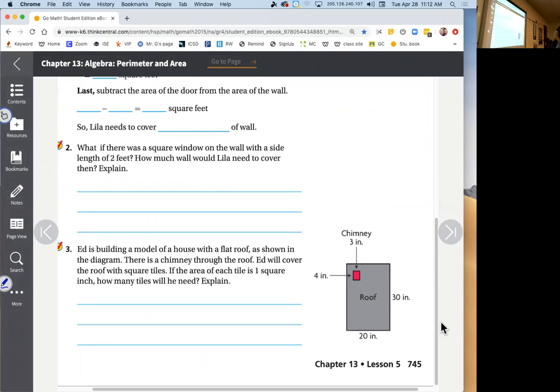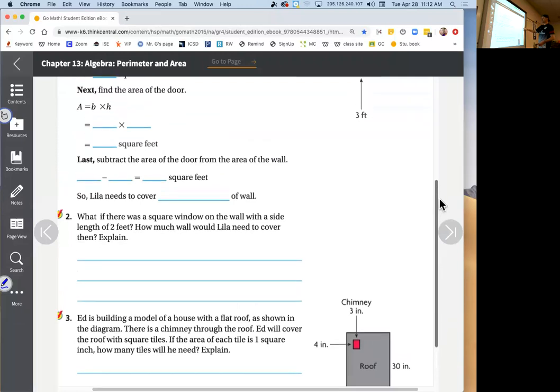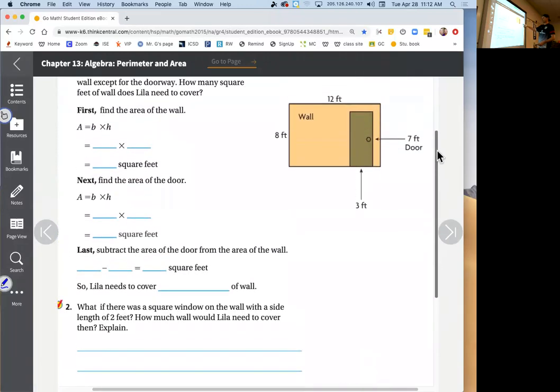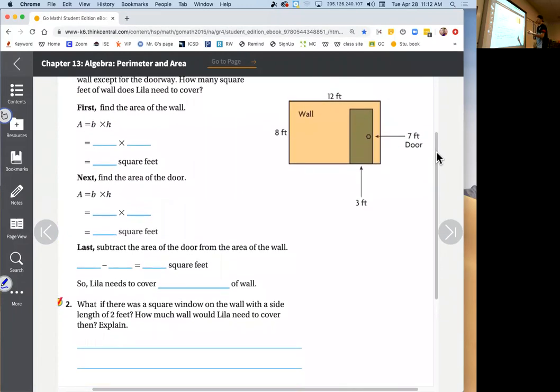So, let's look at one more. What if there's a square window on the wall with a side length of 2 feet? So let's do number 2, but now we have a window right here that is 2 feet by 2 feet. You remember what the big area of the whole wall is?